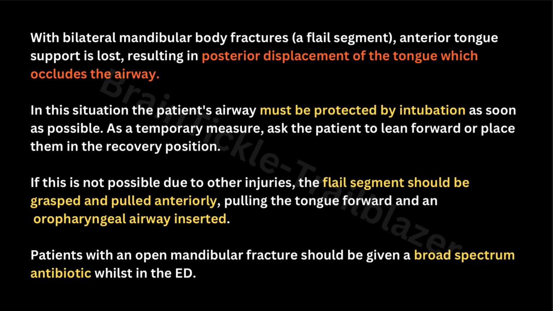So here it says, with bilateral mandibular body fractures, a flail segment, anterior tongue support is lost, resulting in posterior displacement of the tongue, which occludes the airway. This means that whenever there is fracture of the mandible, specifically on both sides, a flail segment, which means that the mandible is just going to hang or swing, is produced. This causes the tongue to fall back.